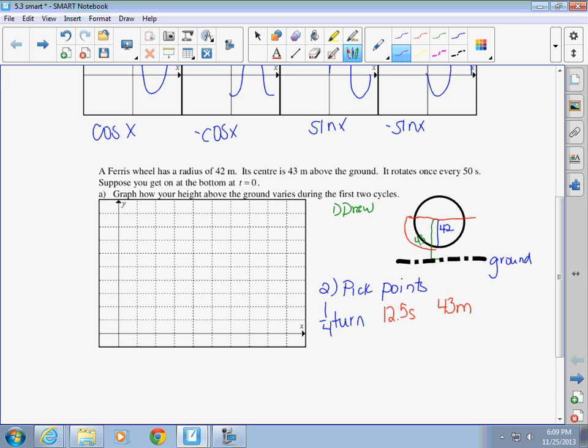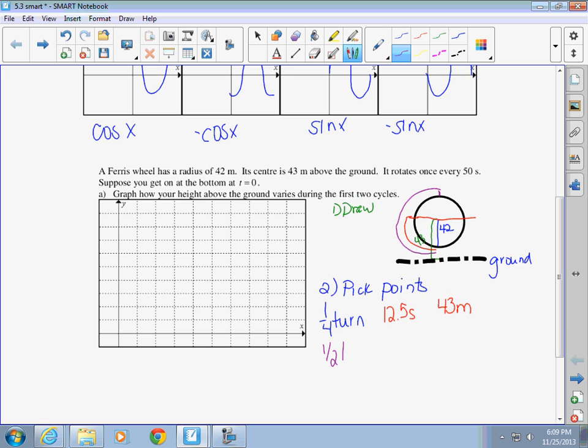If I were to do this at a half a turn, so half a turn if I'm starting here and I'm going to here, what would my height be? Well, I would have my 43 meters to here, and then this height, the radius of 42.